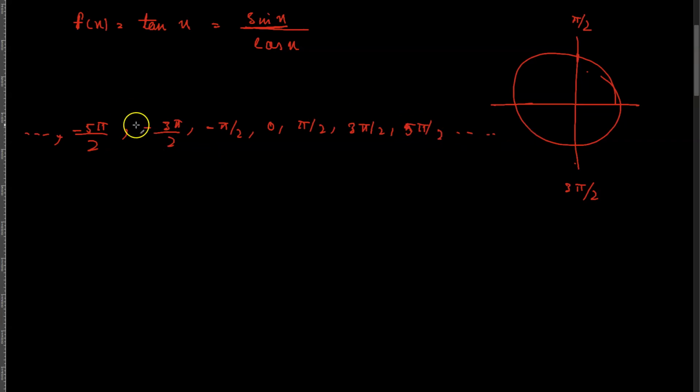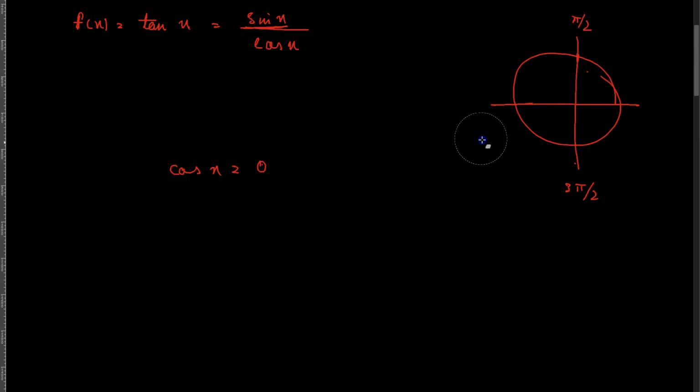At all of these angles cos of x is going to be equal to 0, right? So the tan function is not defined at these angles, meaning that I have to take all of them out from the domain of the function.